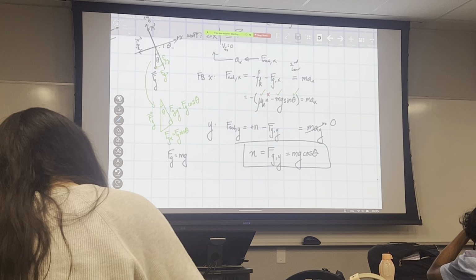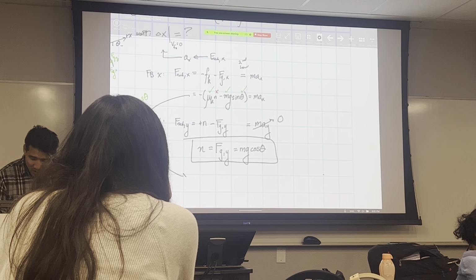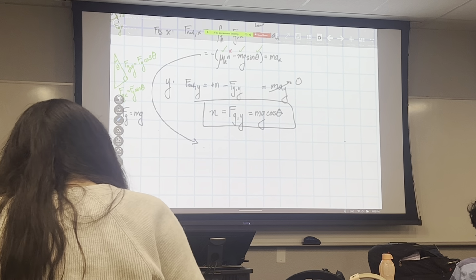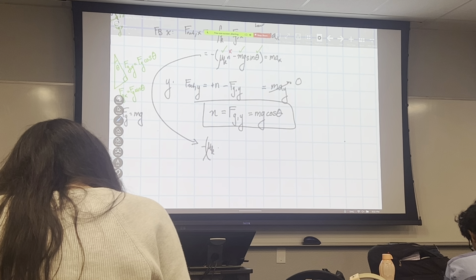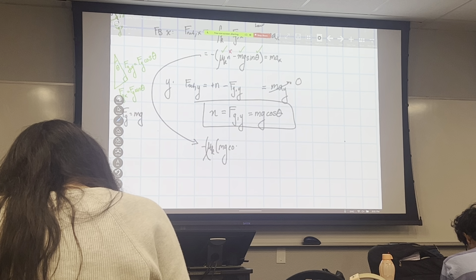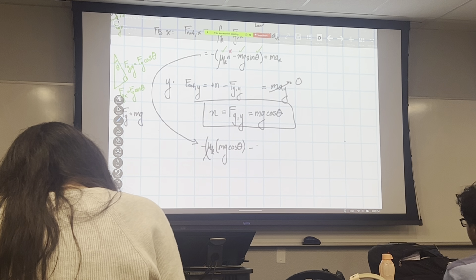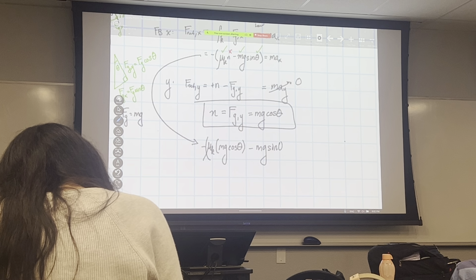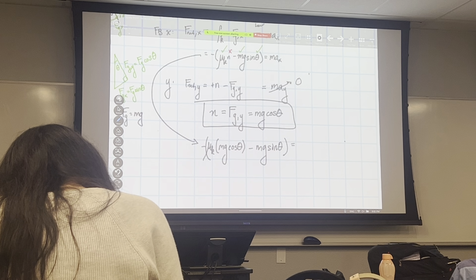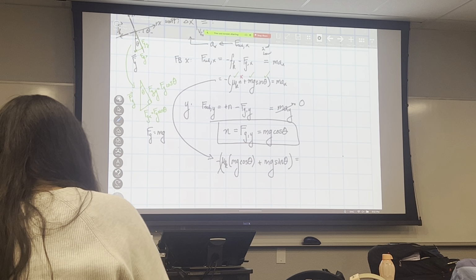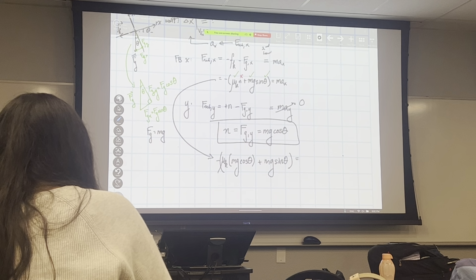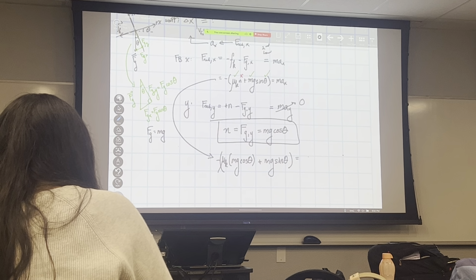And right now we're looking for the acceleration right here. So then we can plug that expression here. So we get negative mu k times mg cosine of theta minus mg sine of theta. Oh, wait. This is positive. This is equal to mass times the acceleration in the x direction.